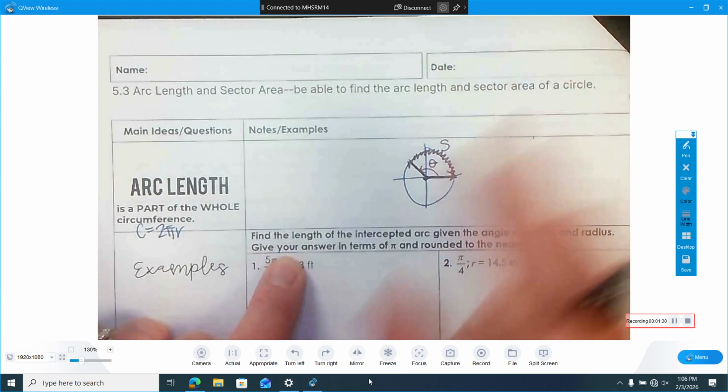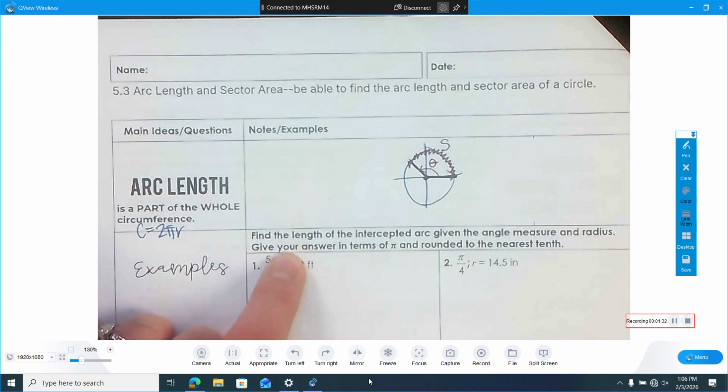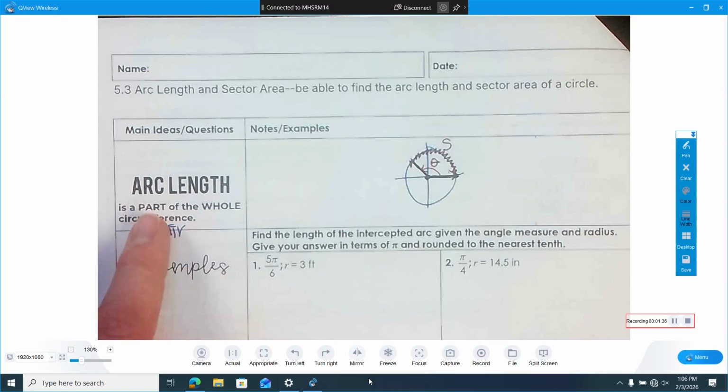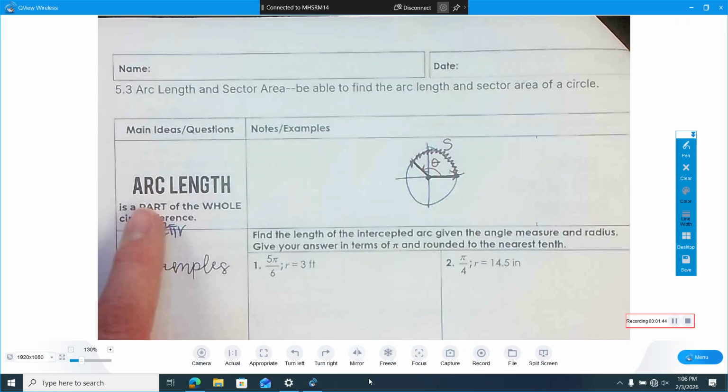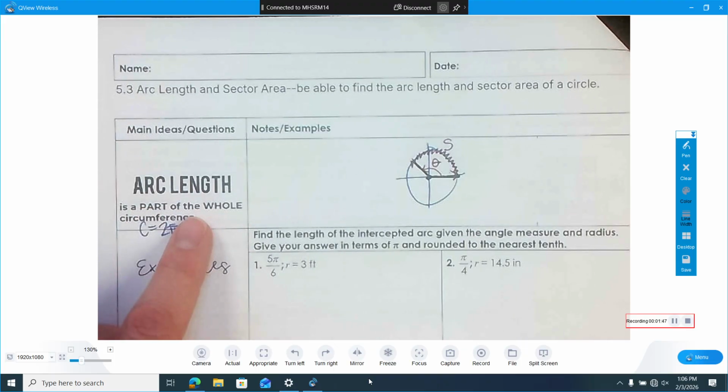But we have a couple of different ways that we can set this up. And I like to start by understanding that we have a piece of a whole thing. And if you have a little piece of a whole thing, then all it is is a fraction, all right?